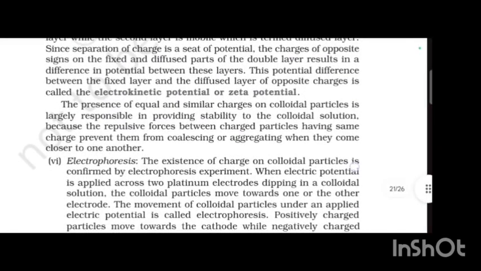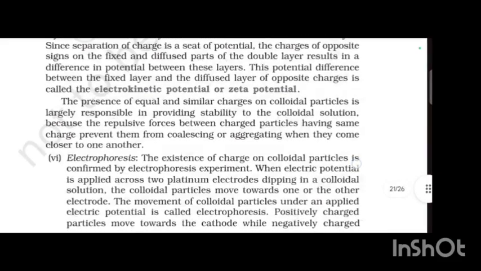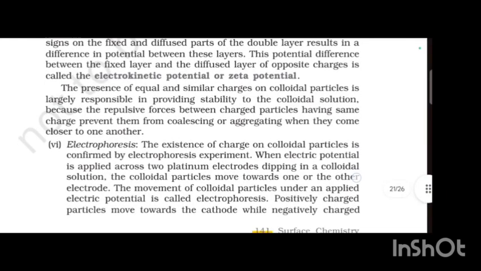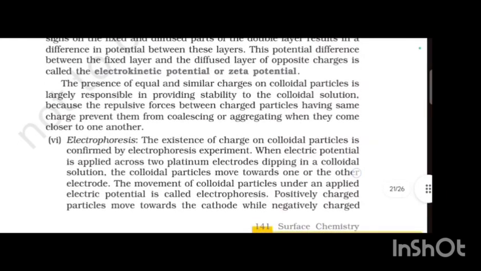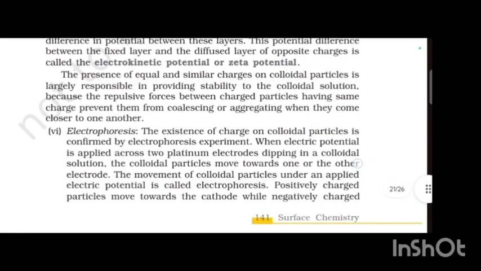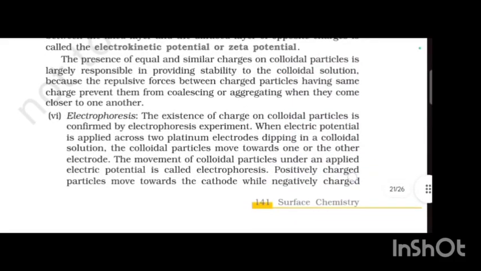Since separation of charge is a source of potential, the charges of opposite signs on the fixed and diffused parts of the double layer result in a difference in potential between these layers. This potential difference between the fixed layer and the diffused layer of opposite charges is called the electrokinetic potential or zeta potential.